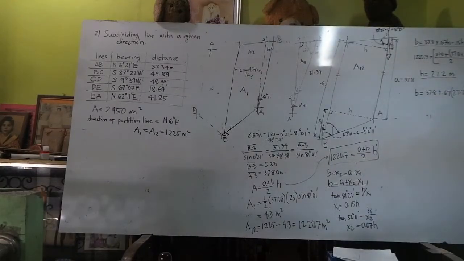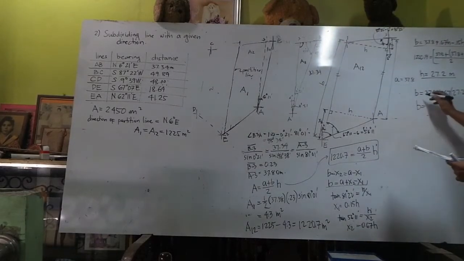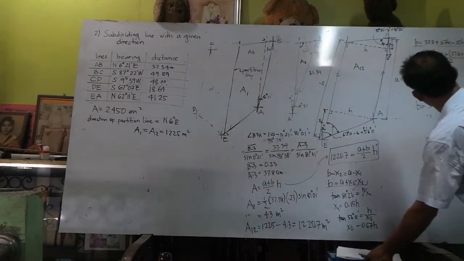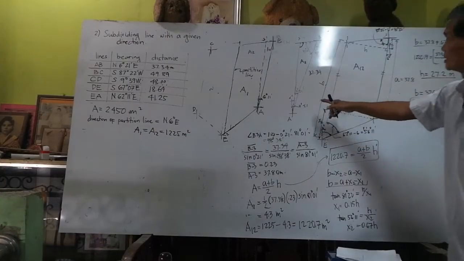So you have the value of your b, which is equivalent to 51.94 meters. This is the length of the partition line.